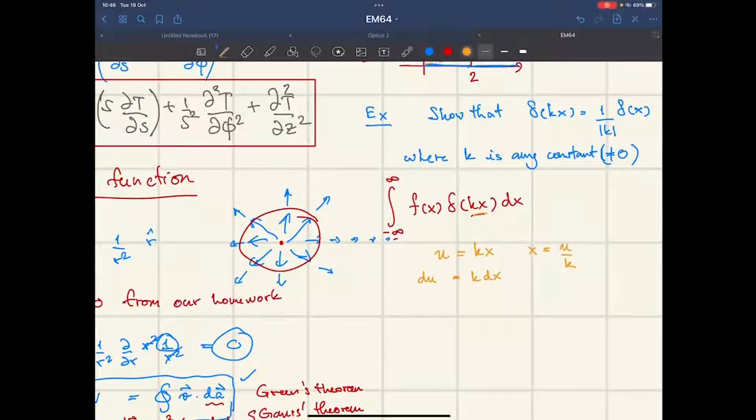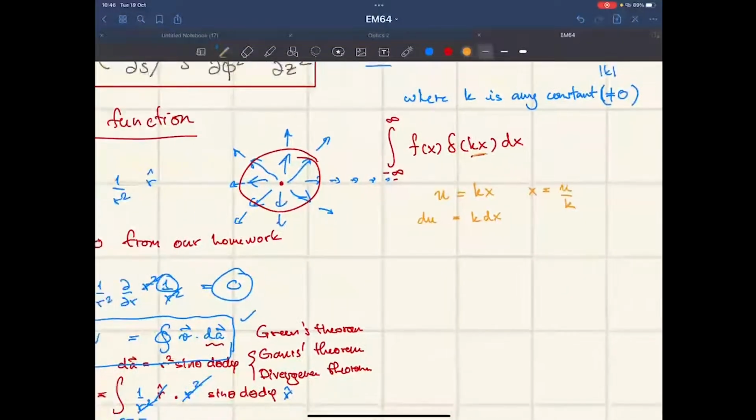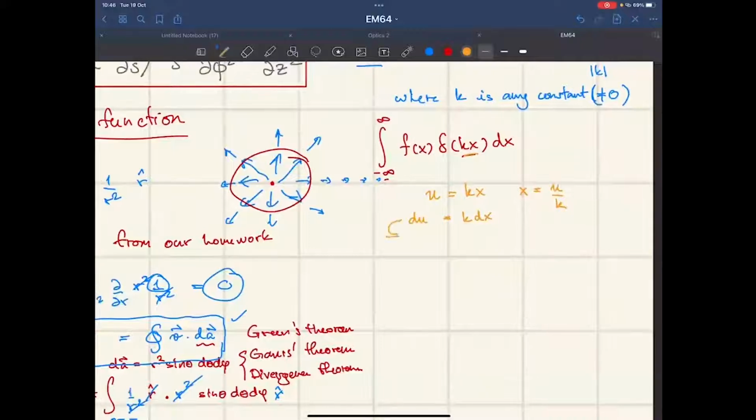Any questions? So dx is equal to du by k.